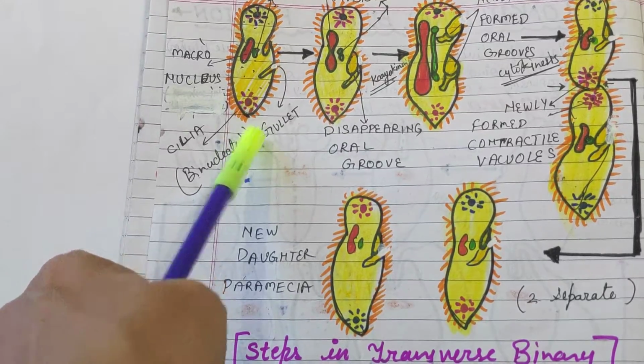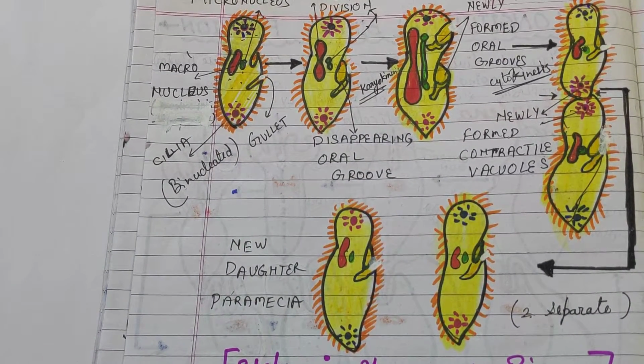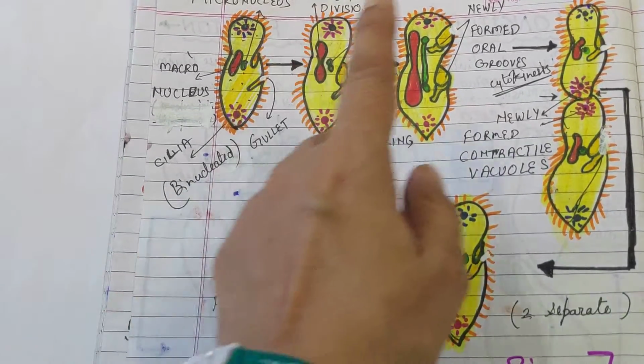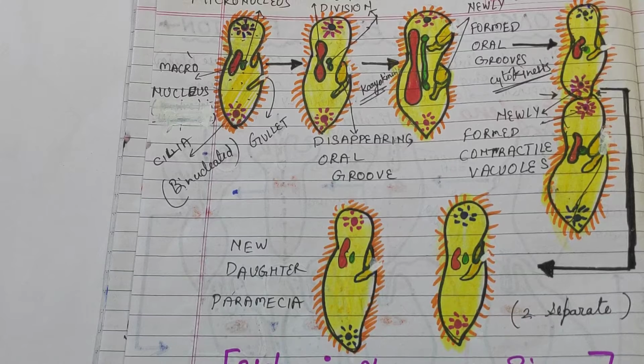So it is also called a fission. I hope you understood my lecture. I know it is a binary fission, and in this fission one parent cell is divided into two complete daughter cells.